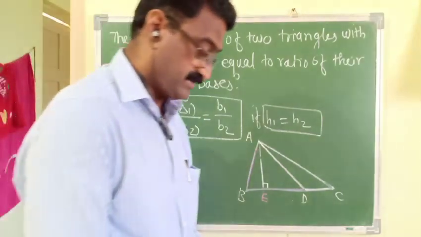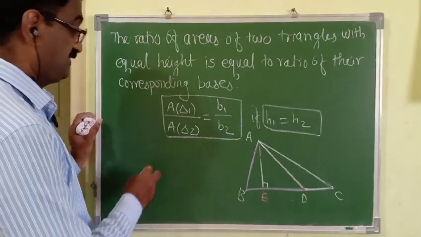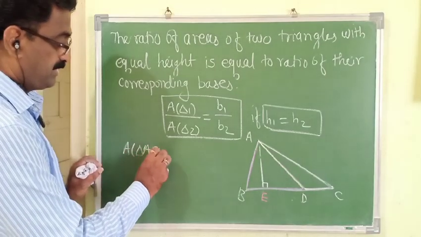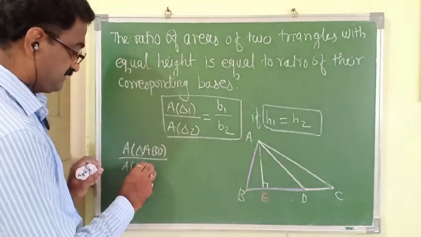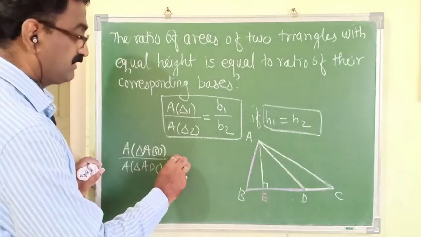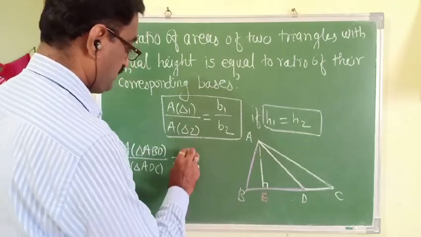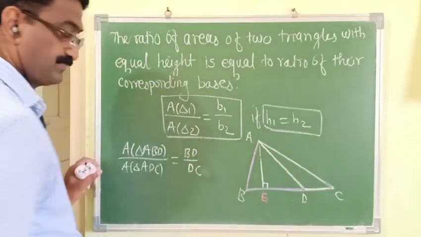So their areas are proportional to the corresponding bases. That means area of triangle ABD upon area of triangle ADC is equal to, height same, therefore bases. Base of this triangle is BD and base of this triangle is DC.